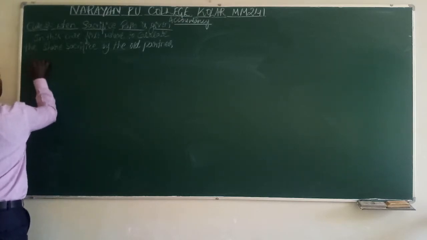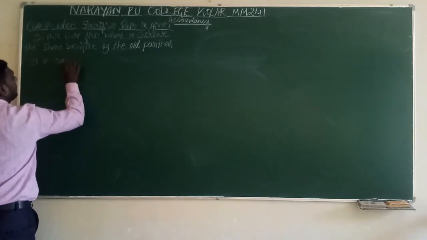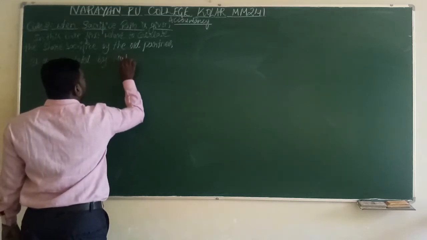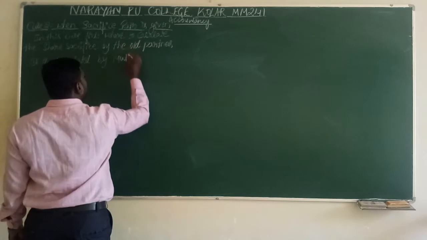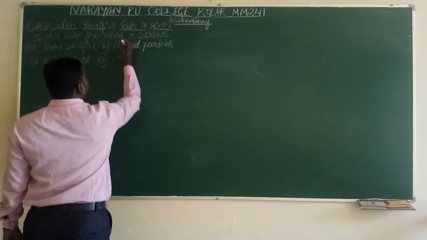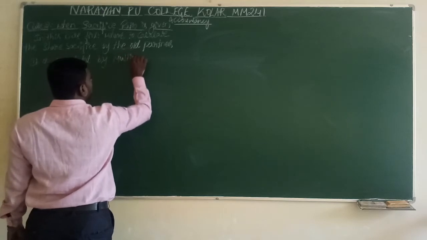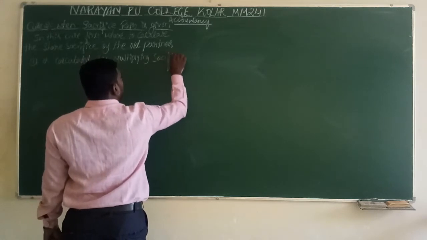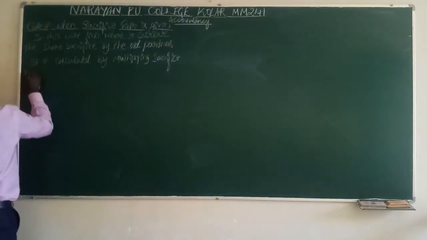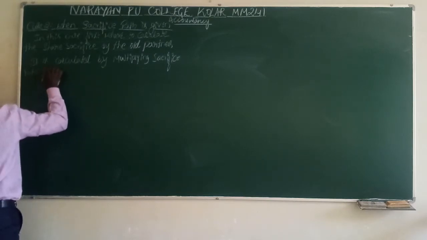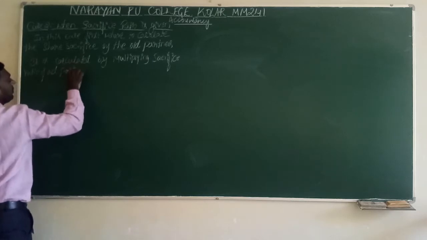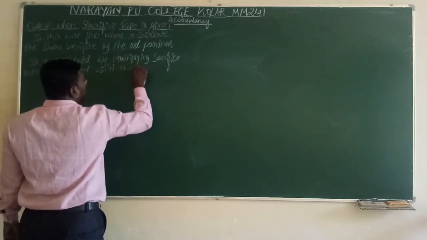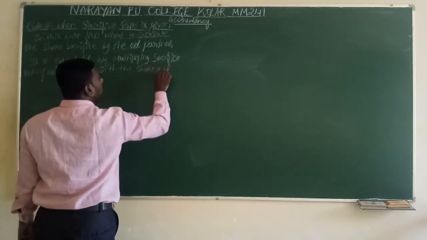It is calculated by multiplying the sacrifice ratio of old partners with the share of the new partner.